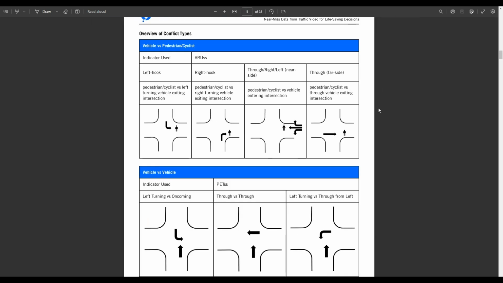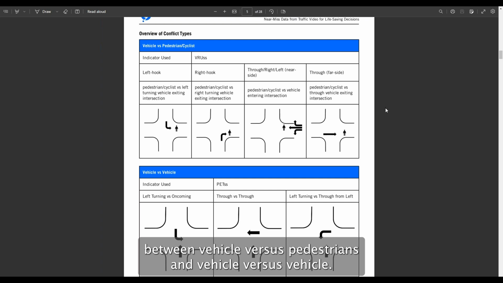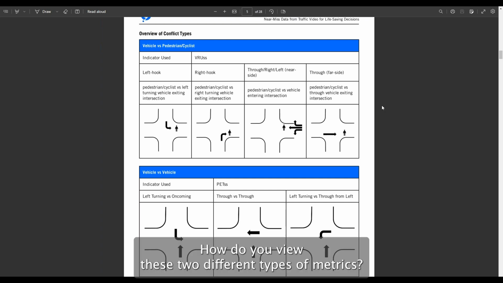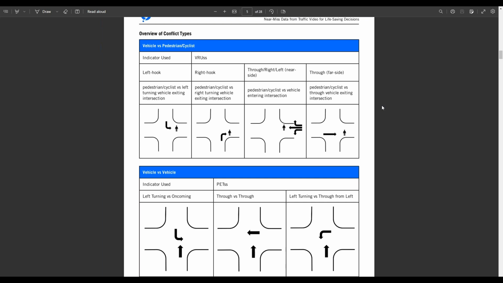You talk in a few different ways throughout this report of what types of conflicts you're capturing between vehicles versus pedestrians and vehicle versus vehicle. How do you view these two different types of metrics? How do you measure them, and what weight do they hold in your level of severity measurement?